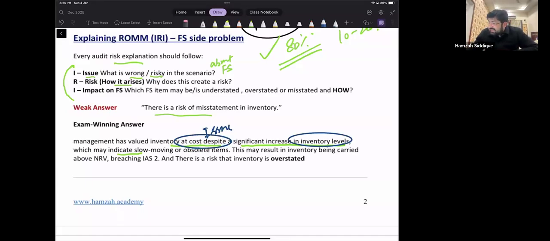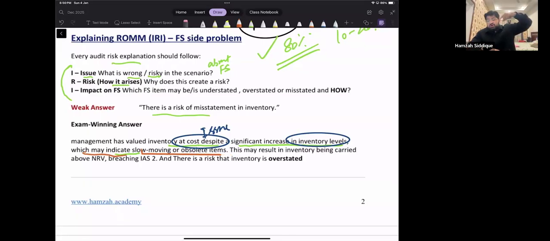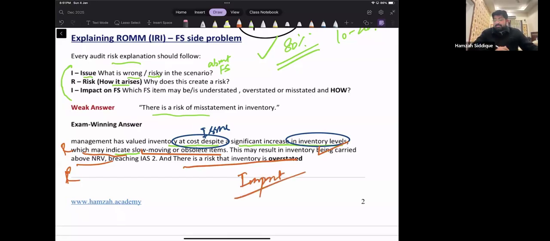Now, how does this create a risk? Developing the point: since it is slow-moving and obsolete, chances are there that NRV is lower. This is the risk. And this is the impact on financial statements.